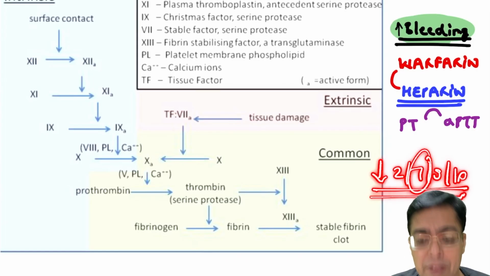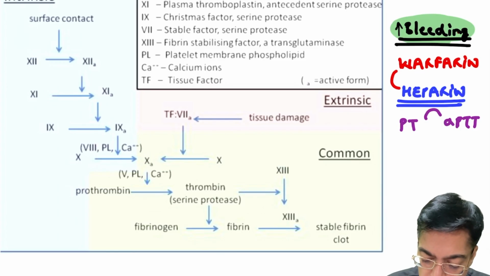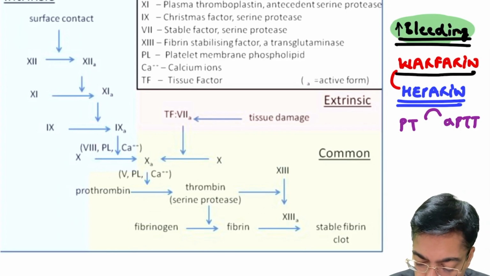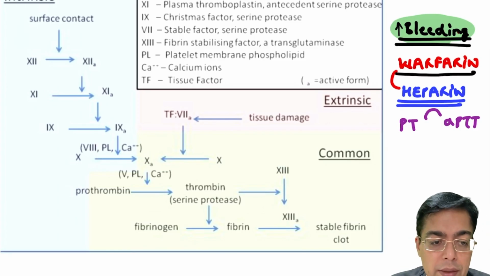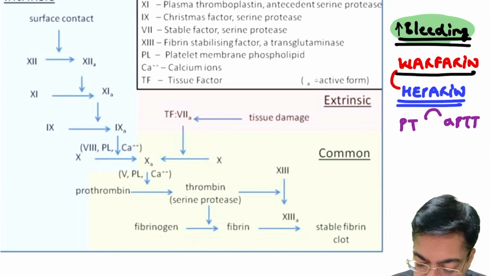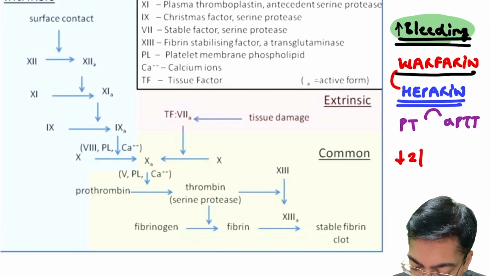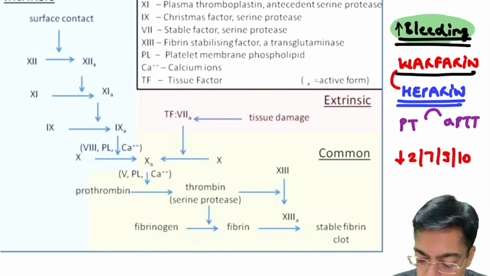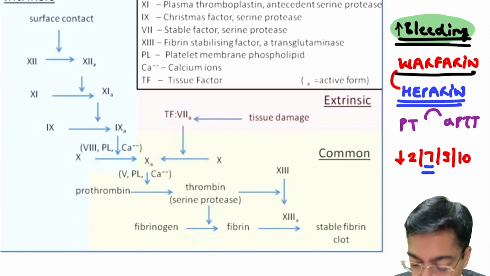I repeat my point: I am giving a drug like warfarin, which causes inhibition of vitamin K, and therefore the patient has vitamin K underactivity. So this situation is characterized by a decrease in the concentration of factors 2, 7, 9 and 10. Out of which I want you to remember, factor 7 is going to disappear first.